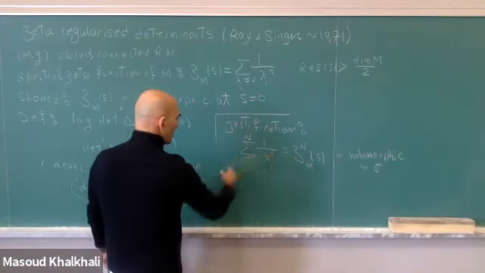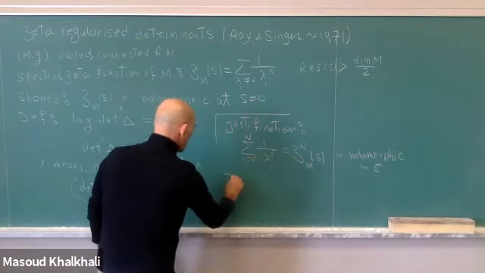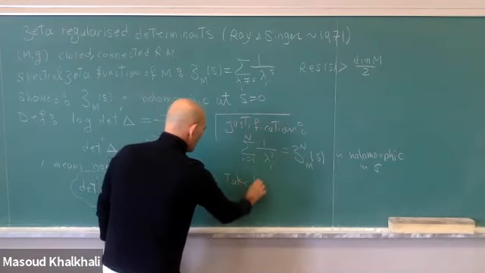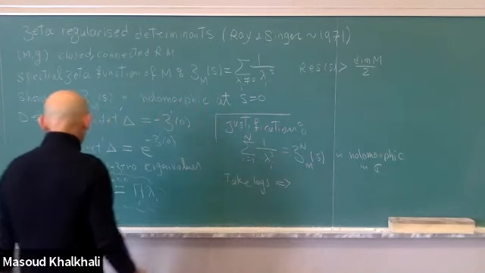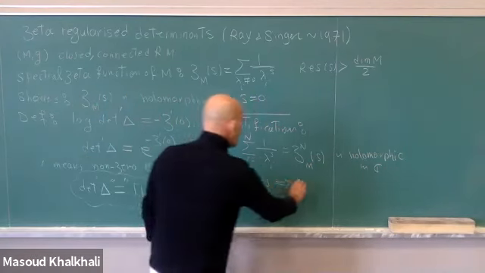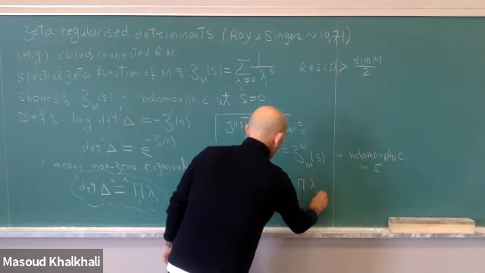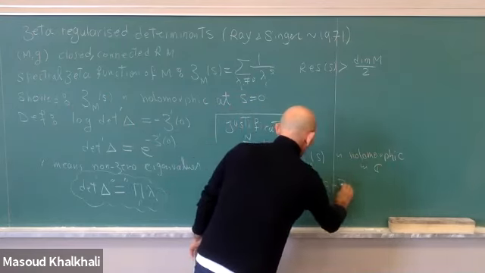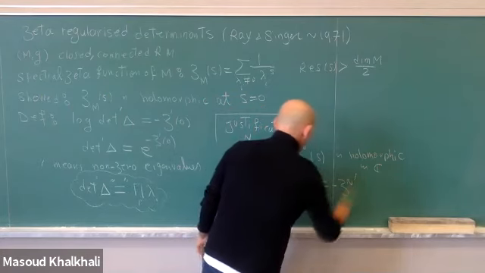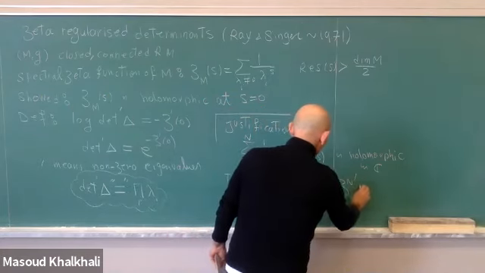And then it's very easy, by taking logs on both sides, to show that the product of lambda_i from 1 to n is equal to exponential of minus zeta_n prime(M) at 0.